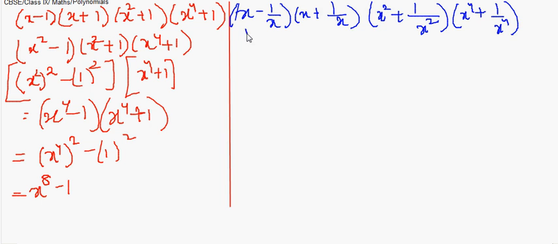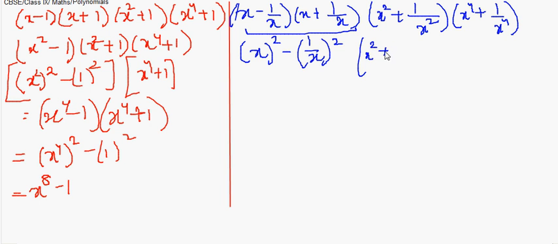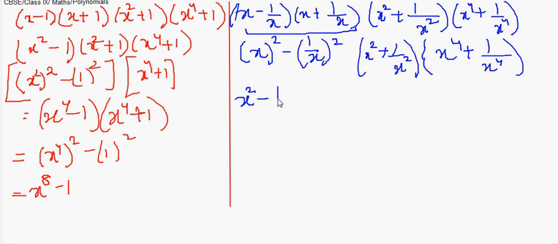Same, if you see, this is x square minus y square. The rest of the two factors remain as it is. Now this will give us x square minus 1 by x square.